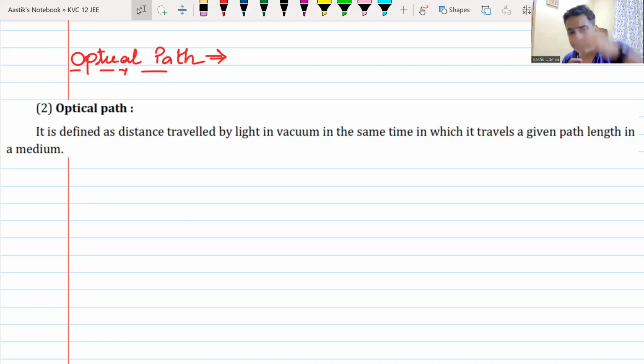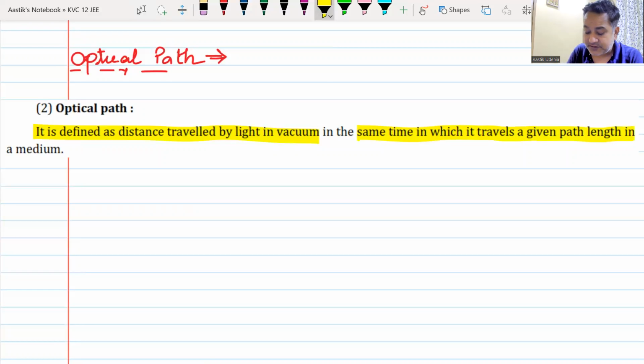Now, whatever time the light travels in the medium, if you compare how much distance it is going to travel in vacuum, that is known as your optical path. It is defined as the distance traveled by light in vacuum in the same time in which it travels in a given medium. That means it is an equivalent distance of what light would travel in vacuum if it travels a distance x in a given medium.